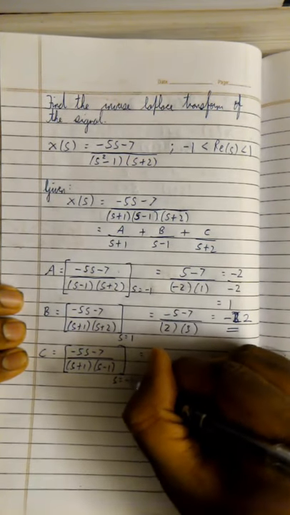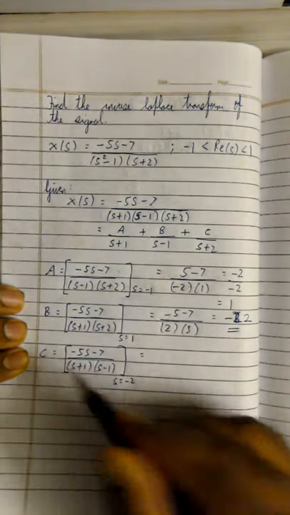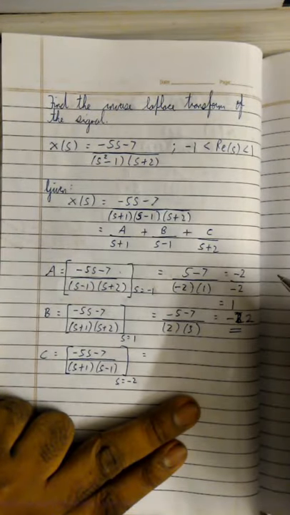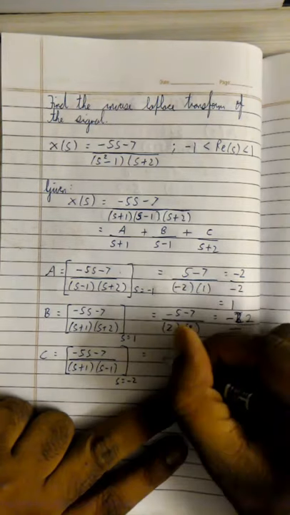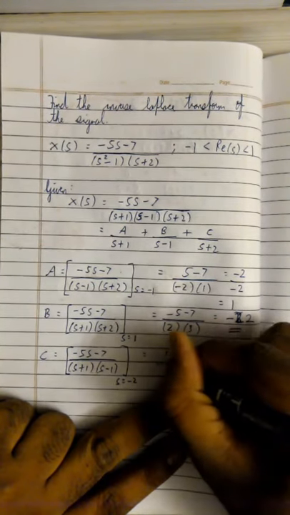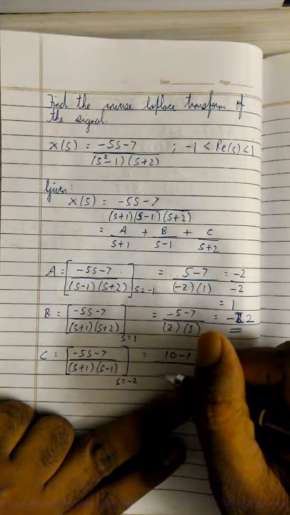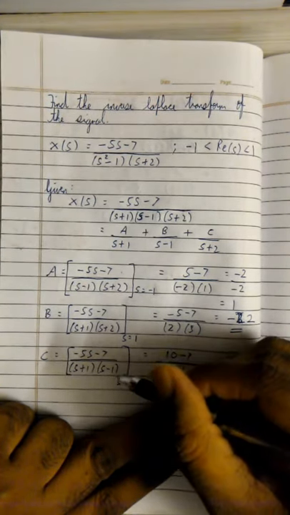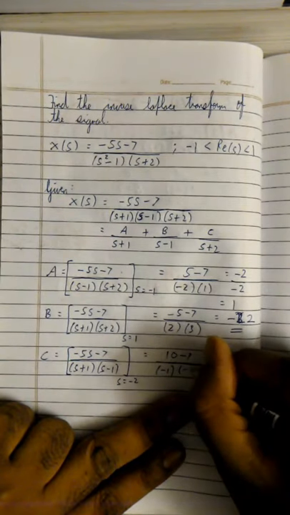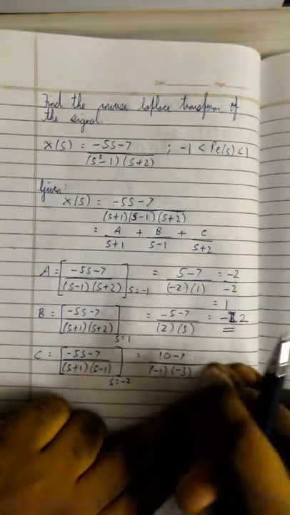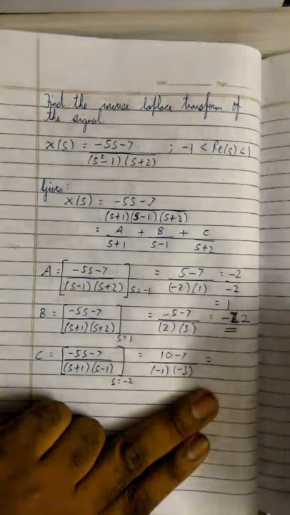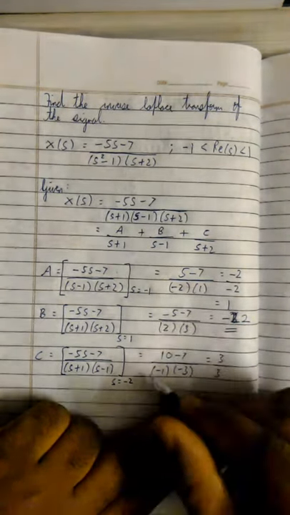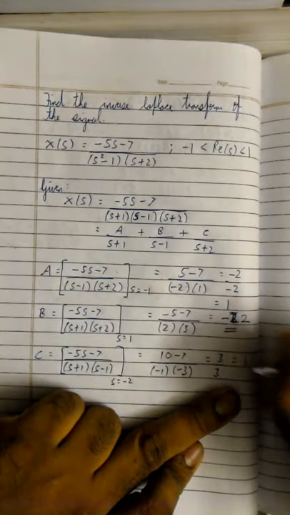So substitute s equal to -2 over here to find the value of C. You will get -5 into -2 is plus 10. So you will have 10 - 7 by, here -2 + 1 is -1 and -2 - 1 is -3. So you will get 3 by 3, right? -1 into -3 is 3. So you will have the answer as 1.